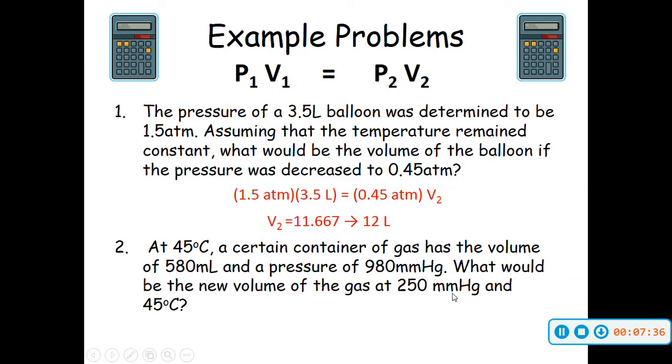So plug those into your formula, and you should get 980 millimeters of mercury times 0.580 liters. Just to keep things simple, it's always easier to use liters, unless your question asks you for milliliters, then you can go ahead and leave it in milliliters.